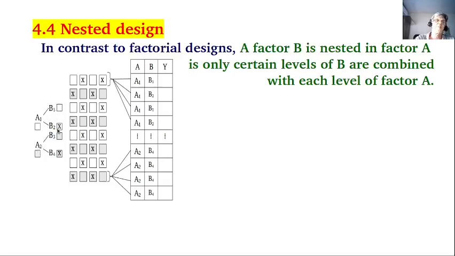We don't have the combination A2 B1 or A2 B2. So again, we need to have the following table in which we indicate the level of the experimental factors A and B that were applied to each experimental unit to which we measure the value of the response variable.